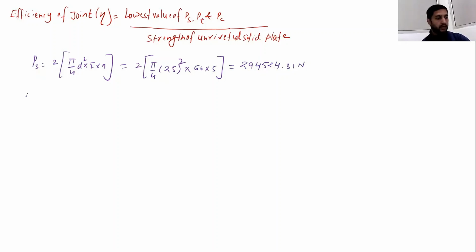Similarly, you will find out the value of PT, tensile strength of the plate between the plates. Okay, and the tensile strength, what will be the formula? W minus 2D into thickness of the plate into sigma T. Okay, and when you will solve this, we have all the values, W 200 minus 2 into 25 into thickness of the plate. ये हमने निकाल दिया था, thickness of plate, how much? 25.